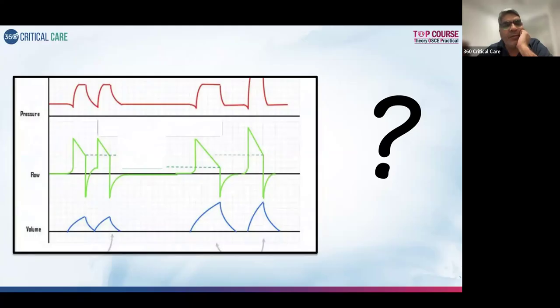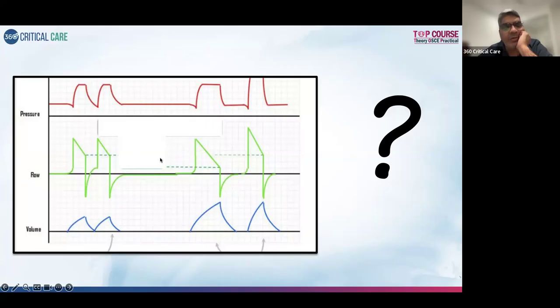So if you have double triggering, what you do is, initially the flow cycling was happening at, say, 40% or 50%, as you can see in this. We have reduced the flow cycling from 40 to somewhere between 30%, 20%, or 10%. So that you have more inspiratory time and longer delivery of air, and that gets rid of the double triggering.